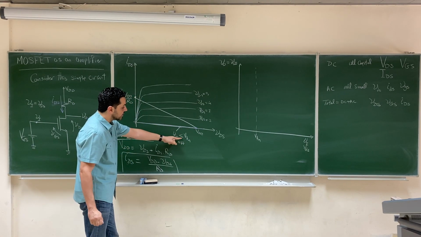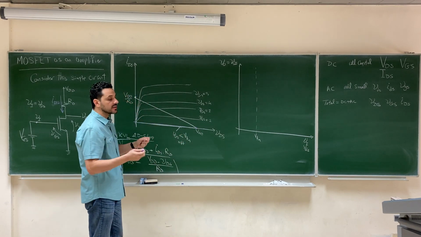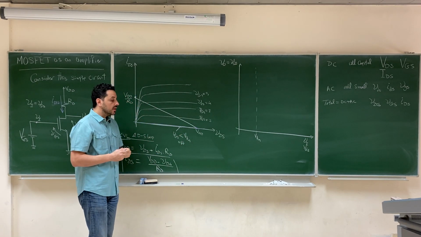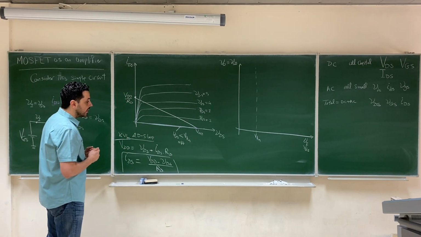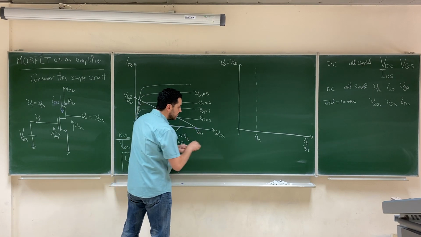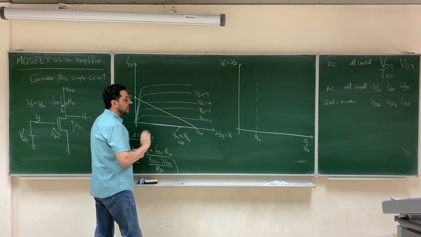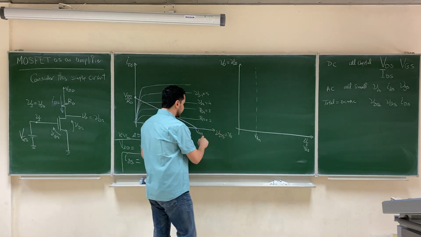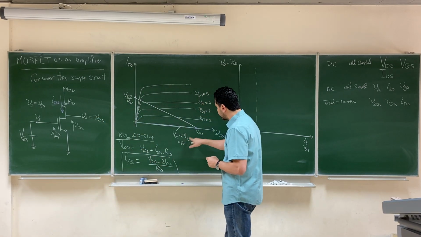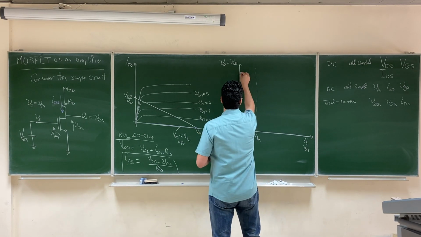When VGS is less than V threshold, the operating point will be this point, which means that the transistor will be off and the current will be 0. And the output, which is VDS, will be exactly VDD.